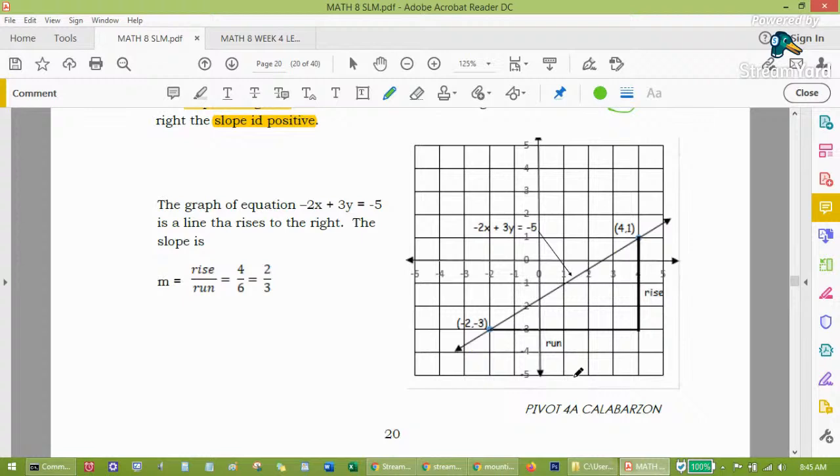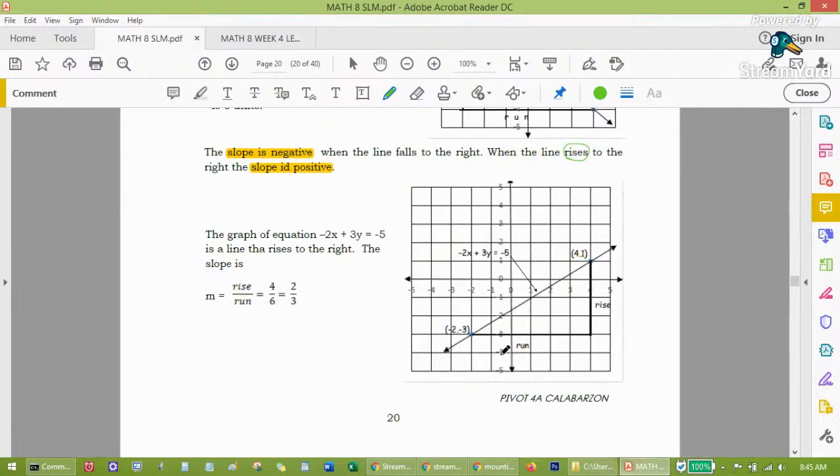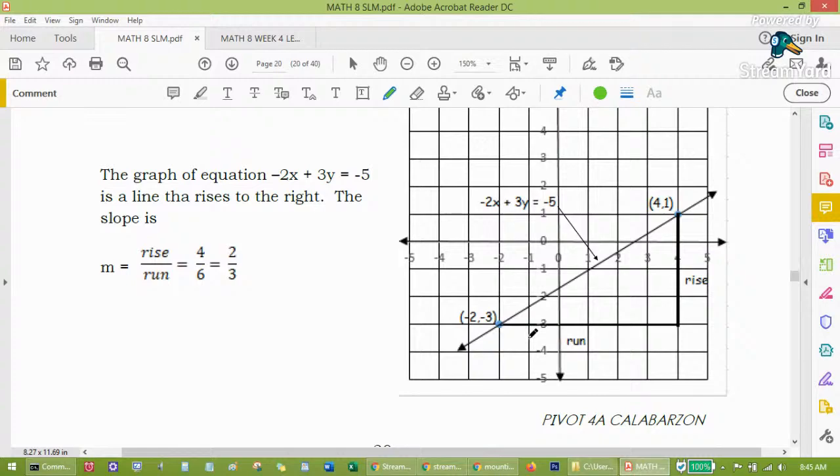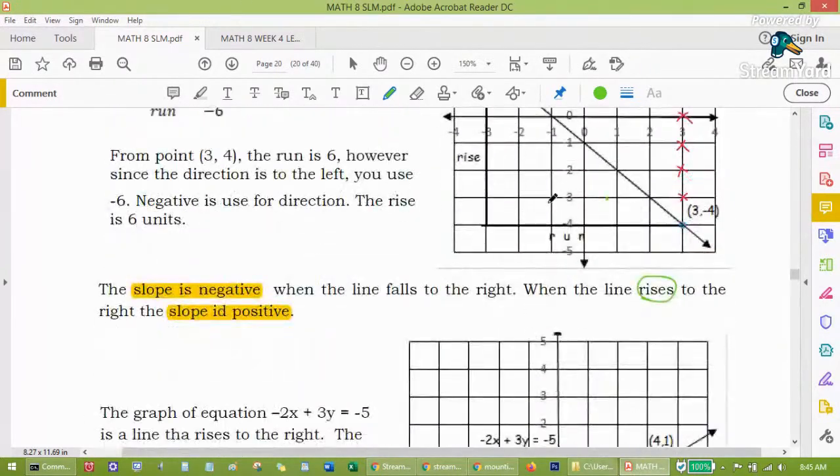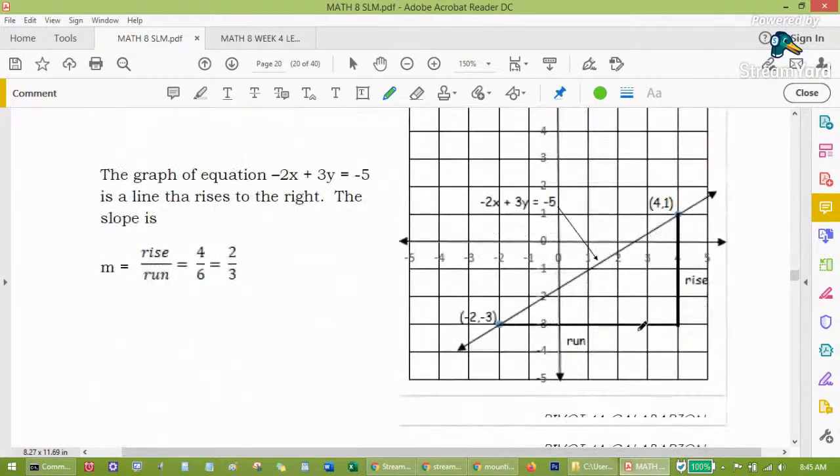So, computing nga natin. Paano ang pag-compute nito? Napansin nyo, nagsisimula tayo sa right side, ano? Okay? So, pwede rin magsimula sa left side.